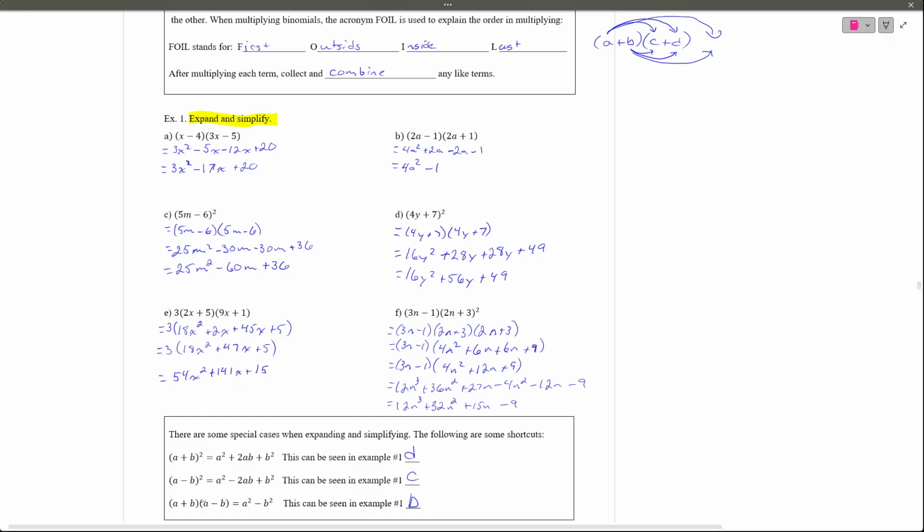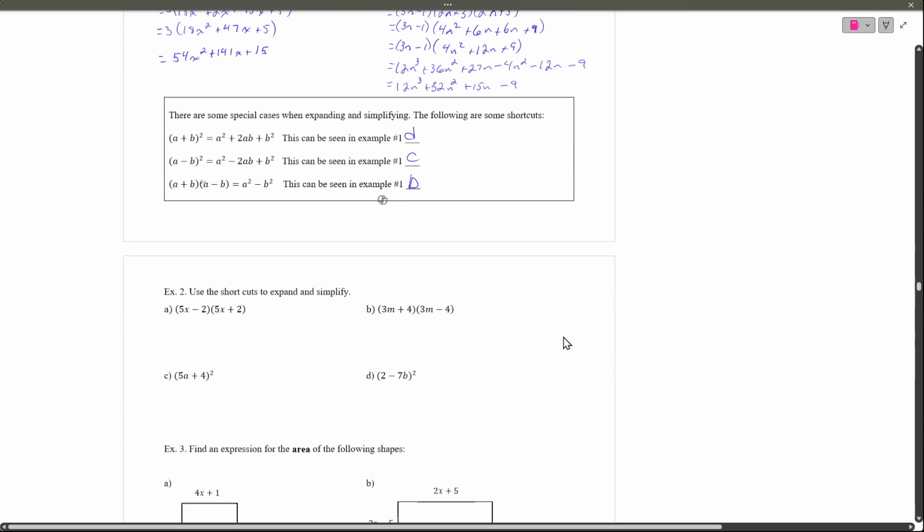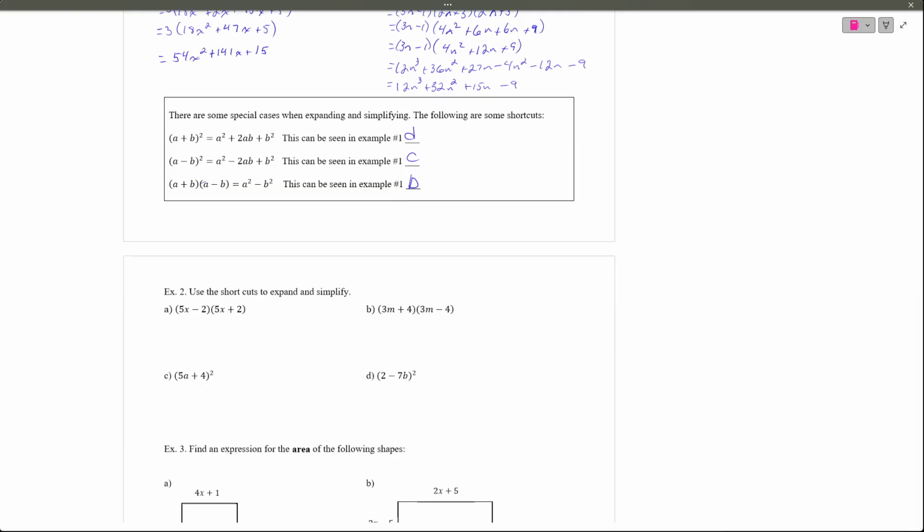So we're going to apply this a little bit further. We're going to try and use our shortcuts. Let's keep our shortcuts on the page so we can see them. Alrighty. So looking over here, use the shortcuts to expand and simplify. So we're not going to do all the steps. We're just going to solve the problem with our shortcuts. So which of our shortcuts do we have here? We have a minus b times a plus b.